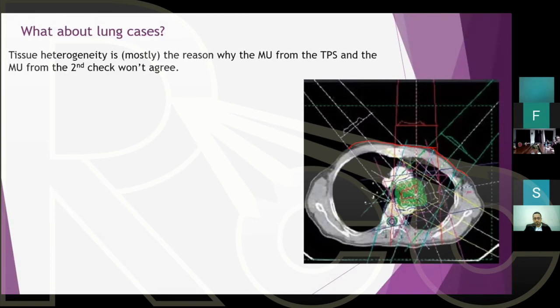Okay? Now what happens is that I have a point of calculation over here, somewhere over here. And then I have a beam that goes through tissue, lung, and then tissue again, or maybe an interface, or whatever this is. The colors are scribbled over each other. So now the discrepancy is coming because, remember, the Excel sheet or whatever third-party software you bought, most of them assume this is water entirely.